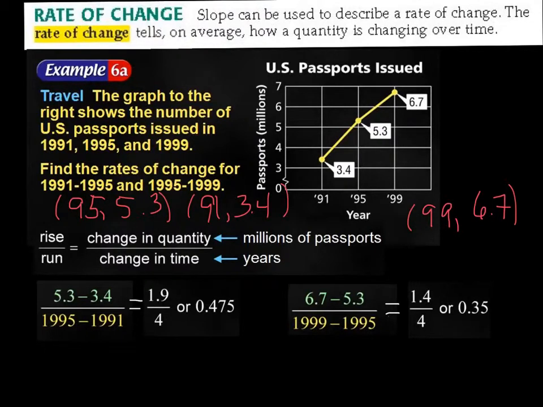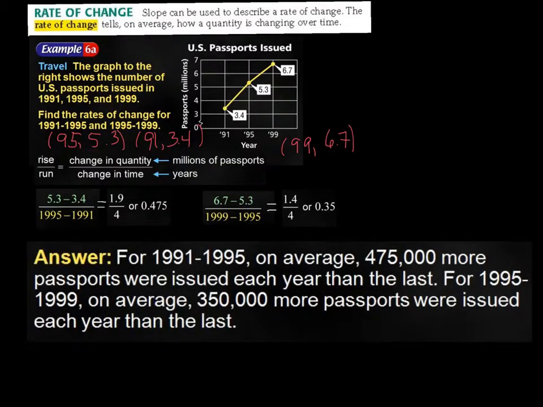Now we get our units in here. Because our units were in millions of passports, the first rate of change translates to 475,000 more passports each year than last. And from 1995 to 99, it was an average of 0.35, which since it's in millions translates to 350,000 more passports each year than the year before.